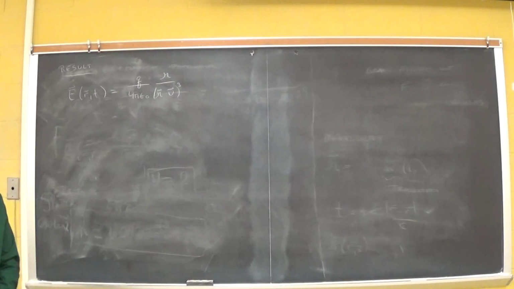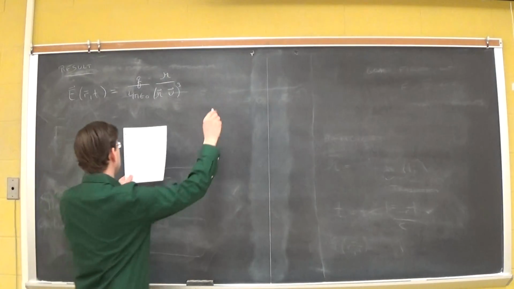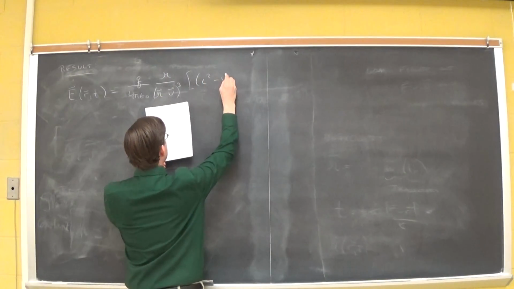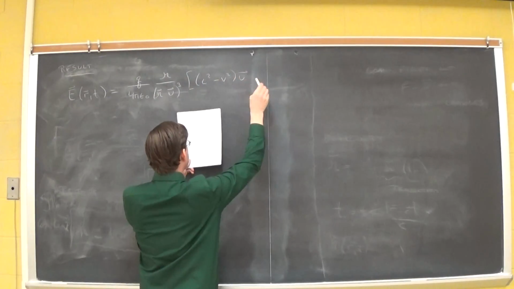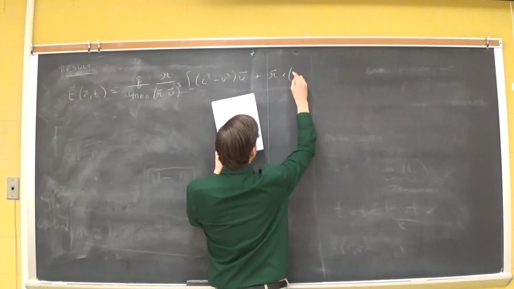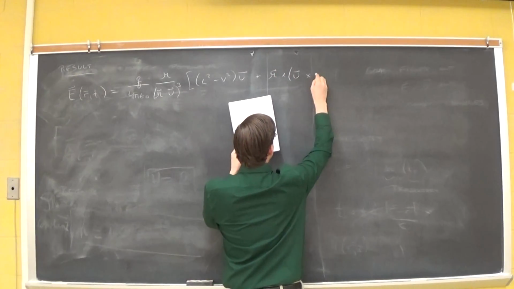So curly R over the quantity curly R vector dotted into U cubed times the quantity C squared minus V squared times U plus curly R crossed into U cross A.